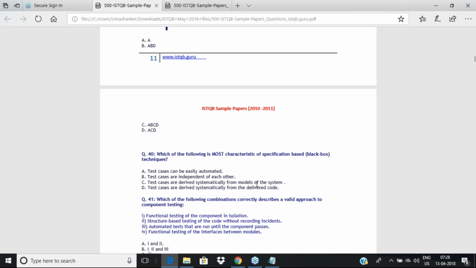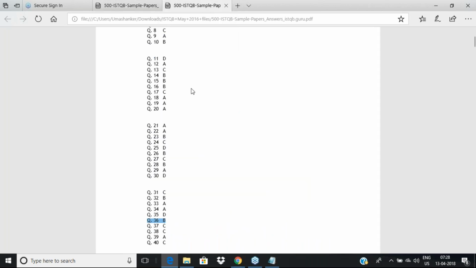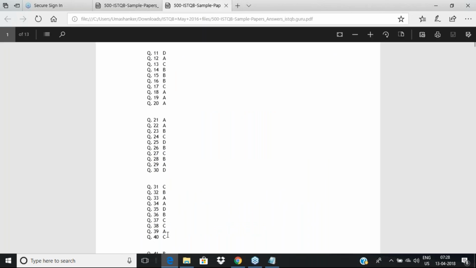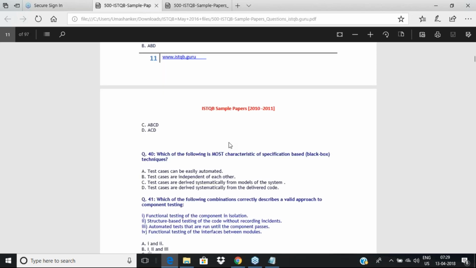All the dependent, related test cases will be bundled into something called a test suite, right? So the most promising answer is C here: test cases are derived systematically from models of the system. Models, as I told you, are something that, without knowing the code, is simple.